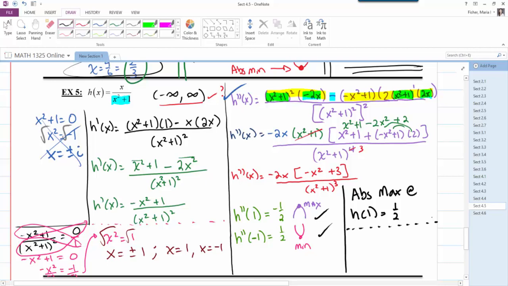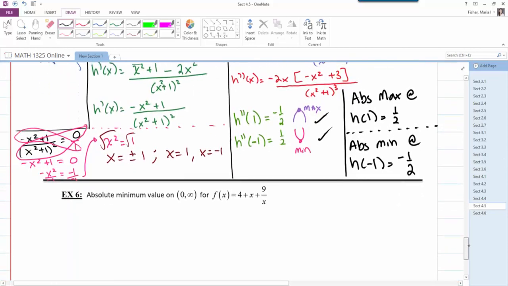And I have an absolute min at h of negative 1 equals, well, if I plug negative 1 into here, I end up with negative 1 over 2, so negative 1/2. So for this one, I did have two critical numbers, so I had to actually use the graph just to ensure that there was going to be a max or a min.